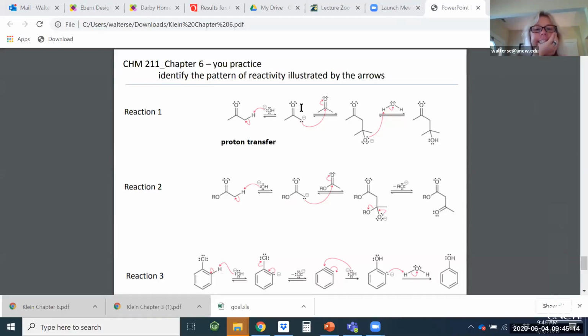In the second step, we have a lone pair of electrons going towards a carbon that's in a polar bond, so that carbon atom is partially positive. That would be a nucleophilic attack. In the last step, you have a lone pair of electrons going to grab a hydrogen without electrons, so again, a proton transfer.